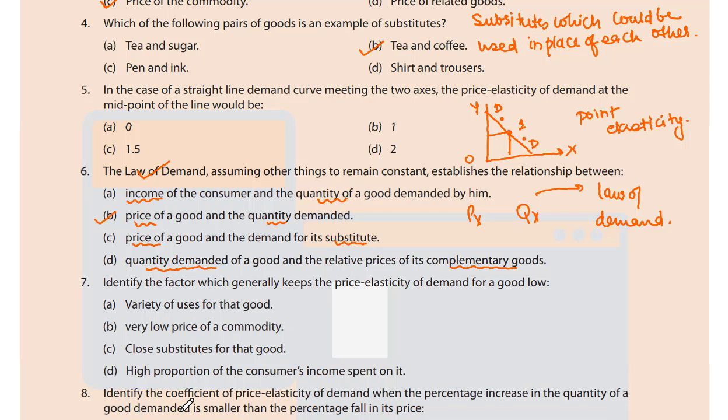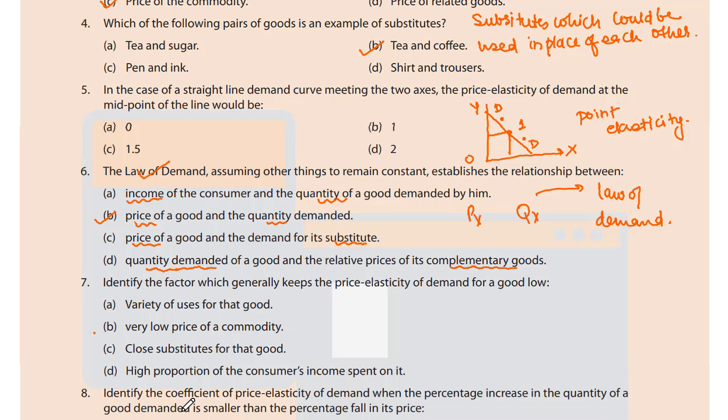Identify the factor which generally keeps the price elasticity of demand for a good low. A. Variety of uses of the good, B. low price of a commodity, C. close substitutes, and D. high proportion of consumers' income spent on it.